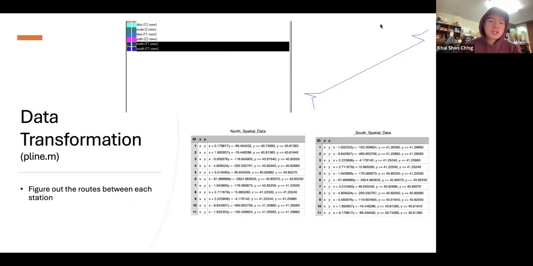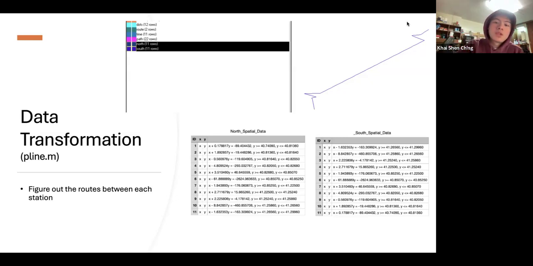All right, with our next data transformation, we're using piecewise linear approximation to find the route of each train in between each train station. So we use the p-line MATLAB function provided by Professor Revez, and by inputting 12 coordinates, which is the x being the longitude and y being the latitude, and setting the error tolerance to 0, we got 12 different constraints, which when we put it in the MLPQ, we would get the image of the route.